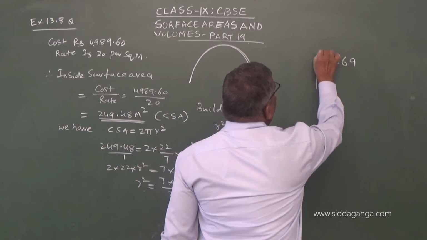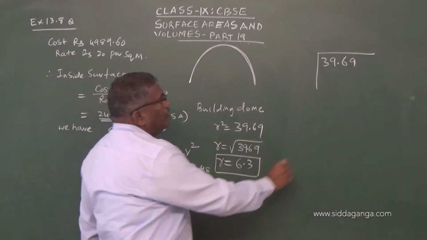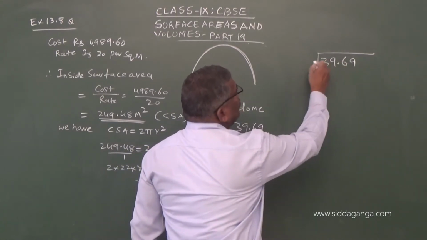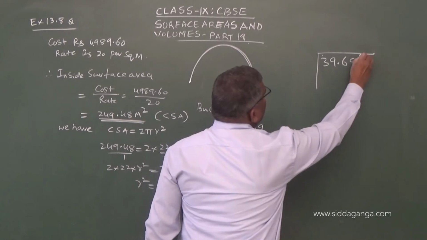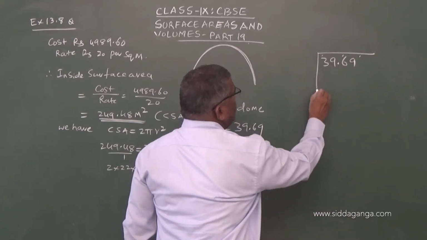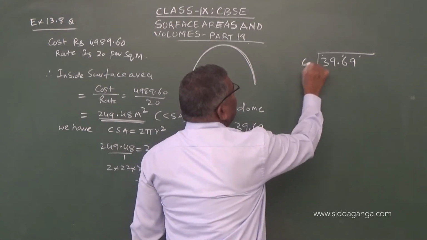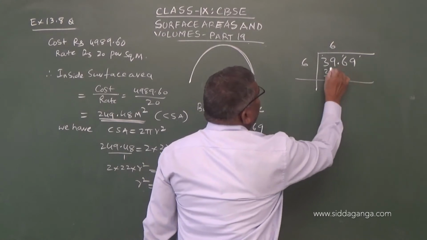From the decimal, towards the back side we make groups of 2, and towards the right side also groups of 2. 6 sixes are 36, we are left with 3.